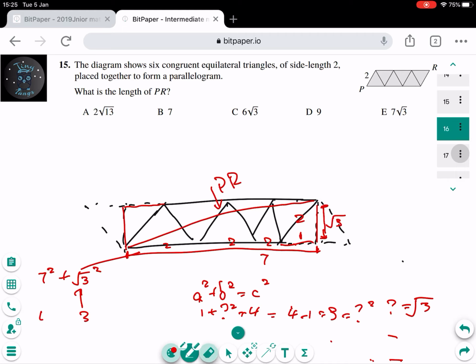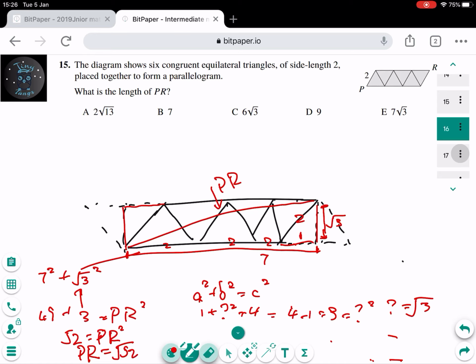So it's 49 plus 3 equals PR squared. So 52 equals PR squared. So PR equals the square root of 52.